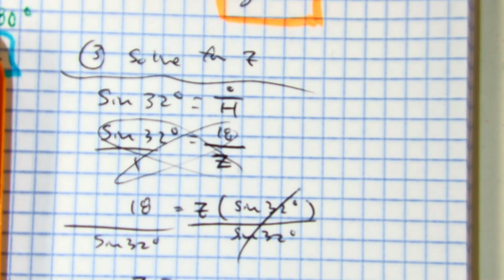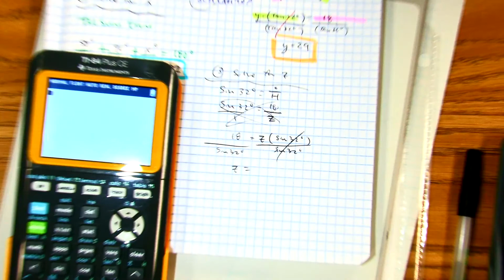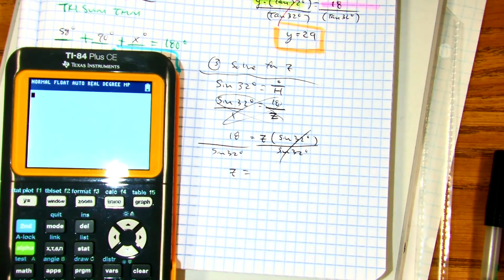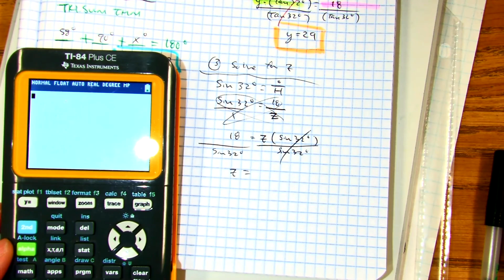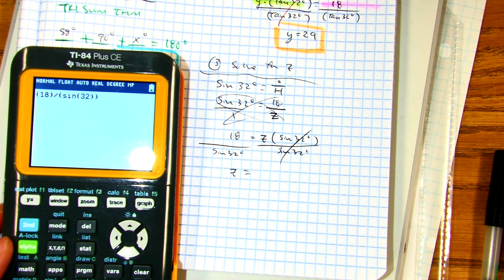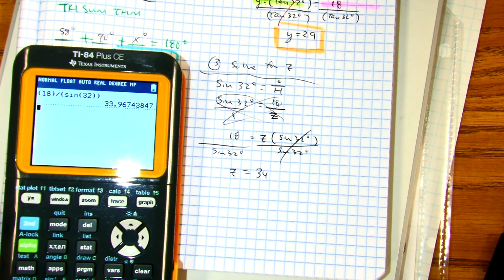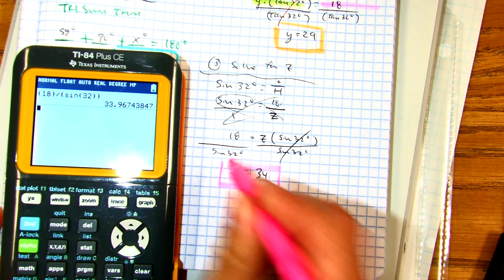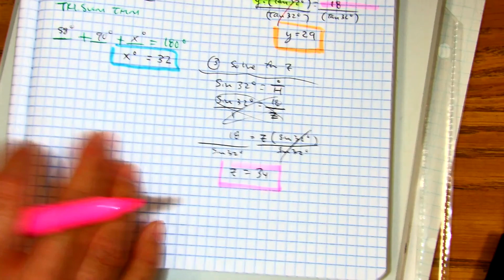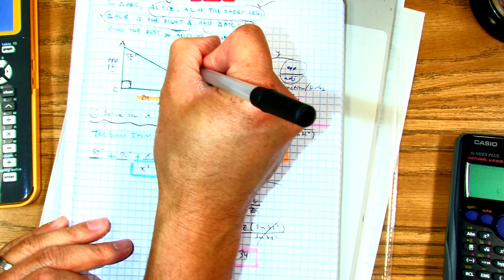Remember, you're trying to help me help you by giving you partial credit by just showing all your work, even on a calculator problem. 18 divided by... Now, remember, guys, we talked about using extra set of parentheses. Rounded to the nearest whole number, your answer is? 34. So Z is approximately 34.